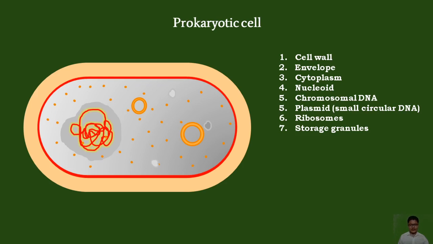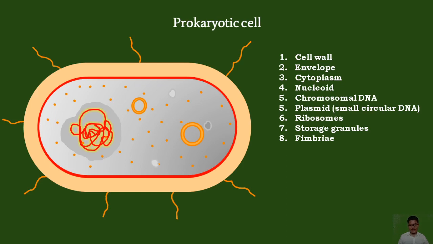Storage granules are a source of minerals, a source of nutrients. Around the cell body, prokaryotes also have thread-like, hair-like structures which grow on the cell, known as fimbriae.